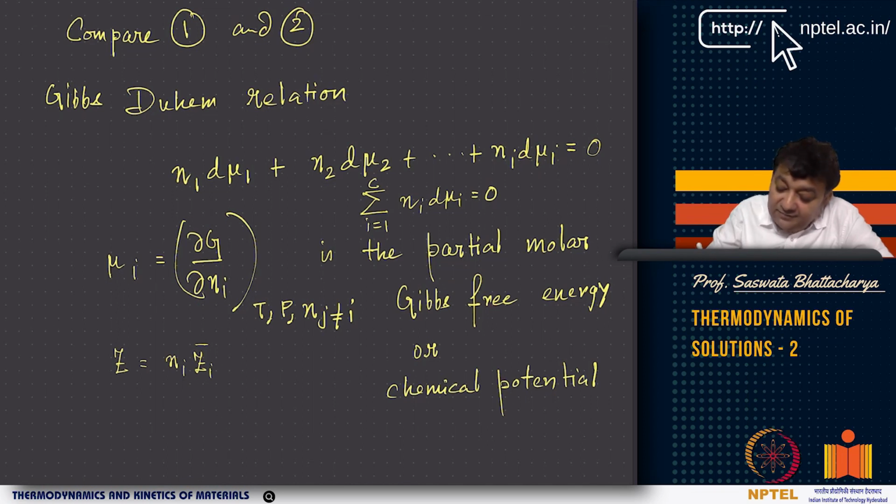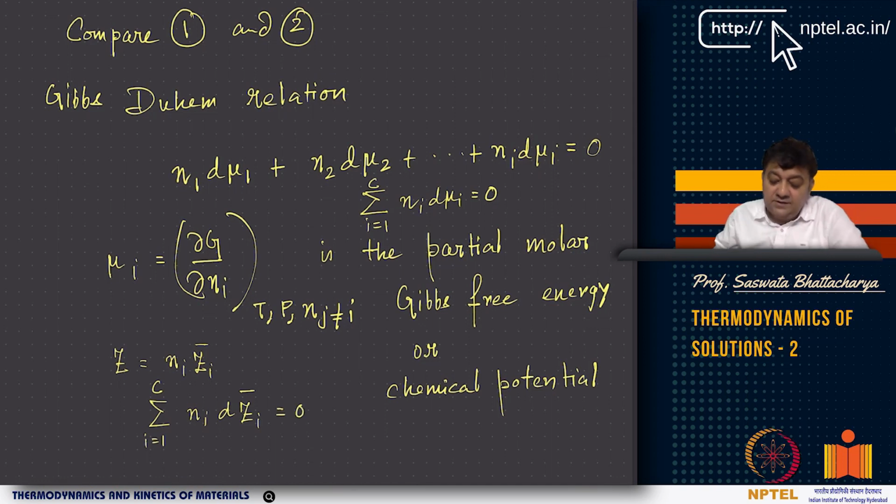The second thing that we know from the Gibbs-Duhem relation is that the summation I equal to 1 to C of Ni d Zi bar equals 0, right?